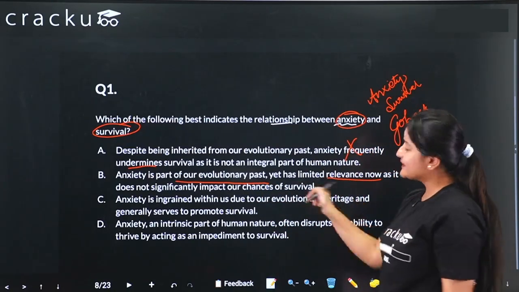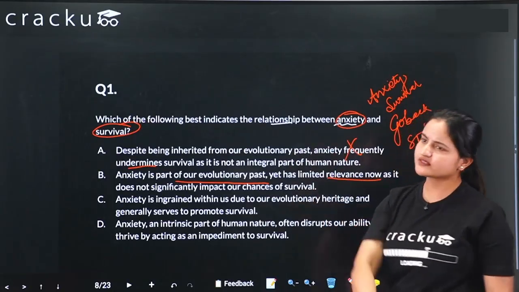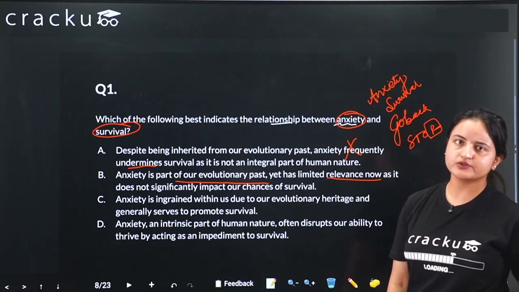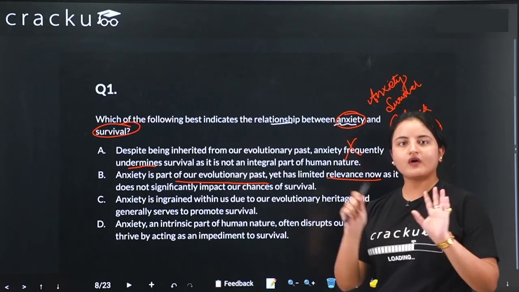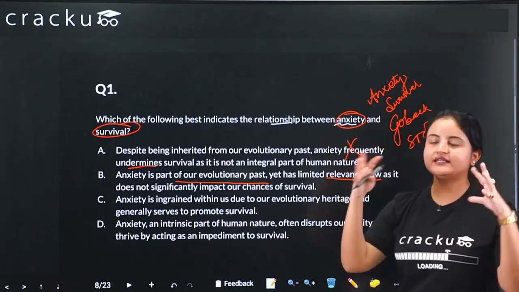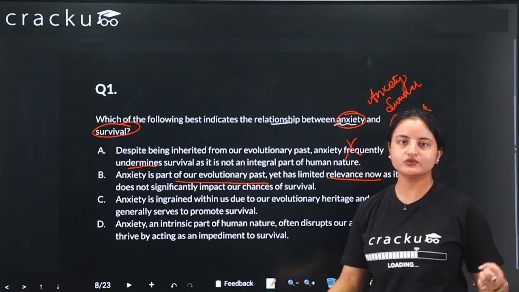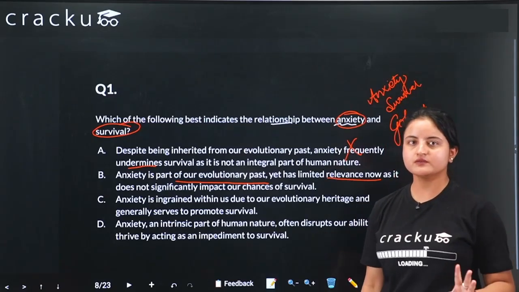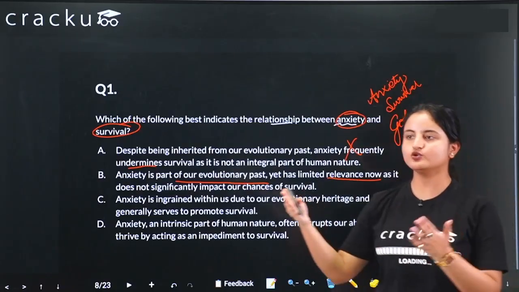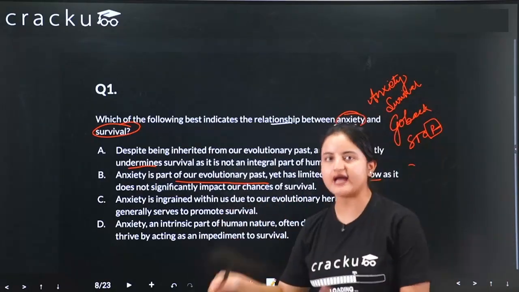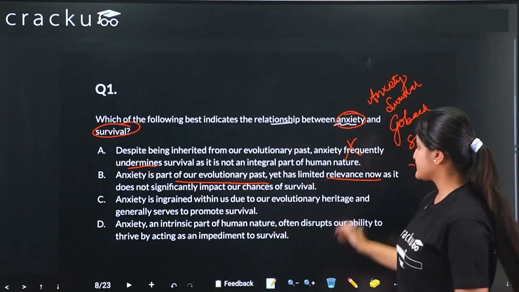But it has limited relevance today. Where did the author say that it is not important today? It is not relevant today. We should remove anxiety. The author is saying anxiety disorder is bad. You know, in very layman terms, the author is saying anxiety good, anxiety disorder bad. That's it. So this is again wrong.